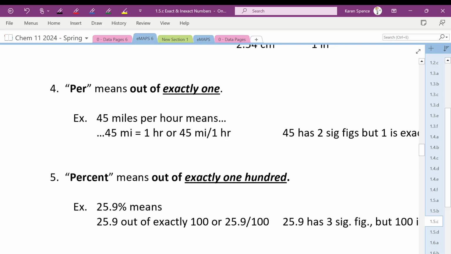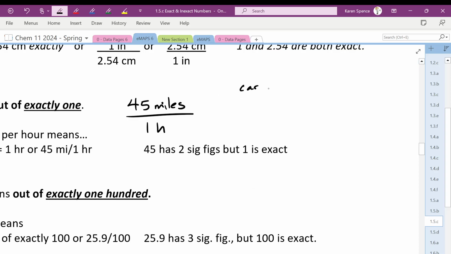Now, per. 45 miles per hour. This is number 4 on the next page, page 101. That's the speed. If you say your car is driving at 45 miles per hour, are you 100% sure about that 45, or is there some approximation in there?